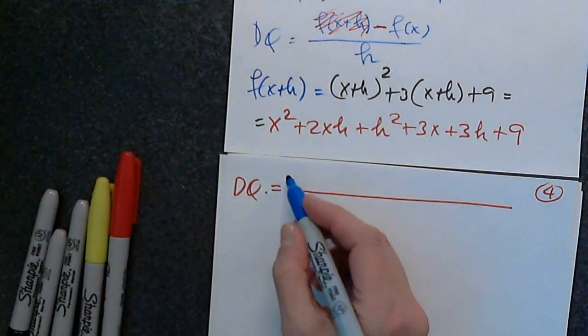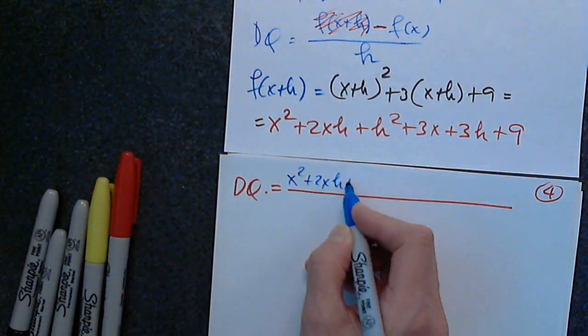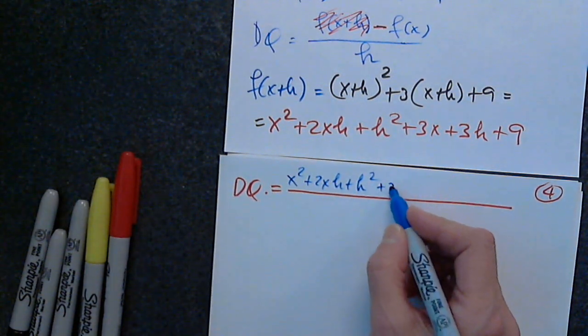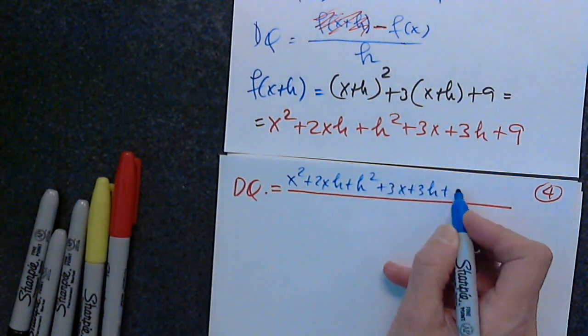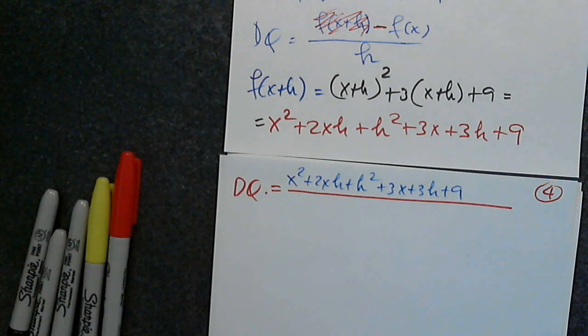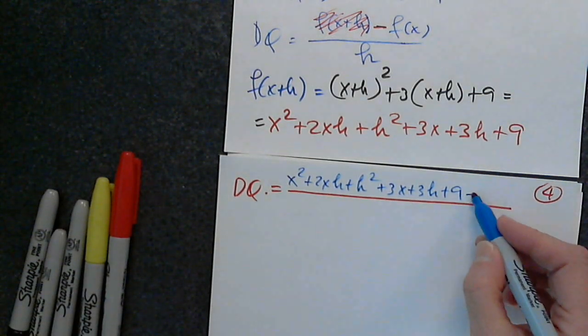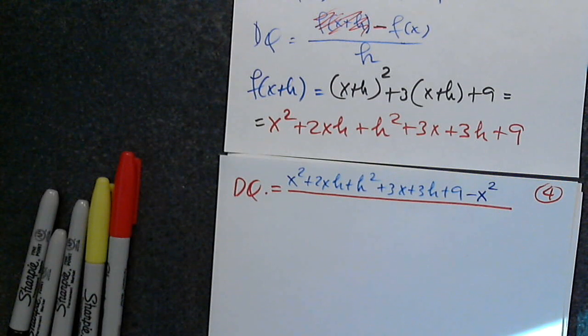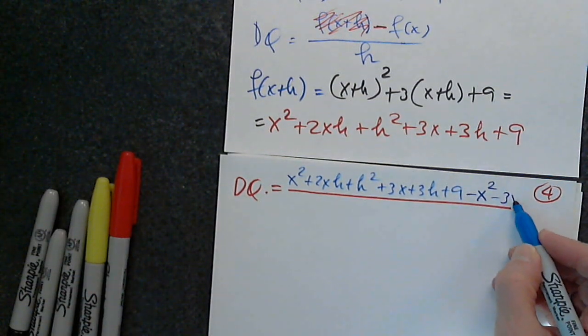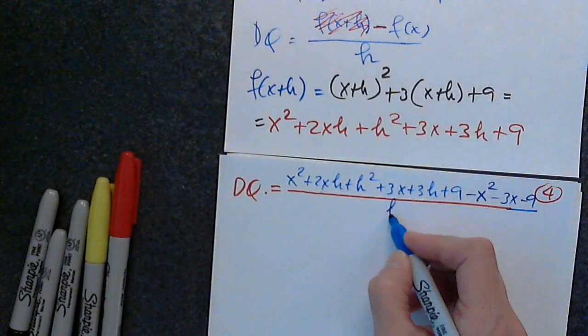Okay, let's copy it. X squared plus 2xh plus h squared plus 3x plus 3h plus 9. Now remember, we are distributing -1 to f of x. Please tell me what to write. Minus x squared minus 3x. Careful with all terms in f. Minus 9. Very good.